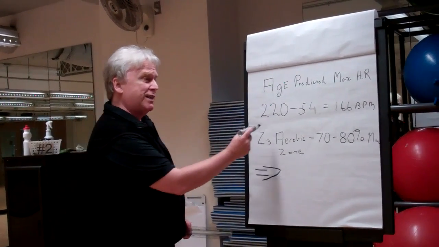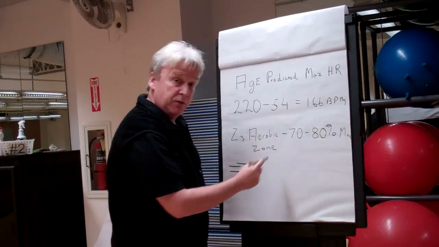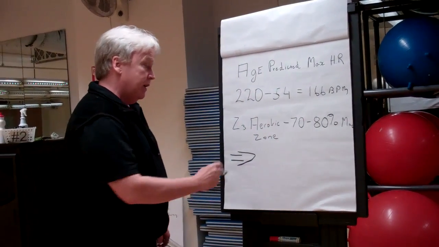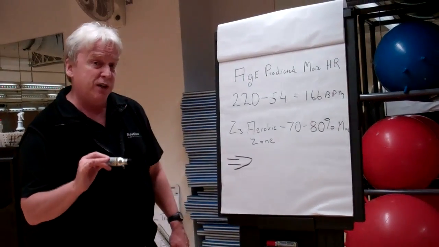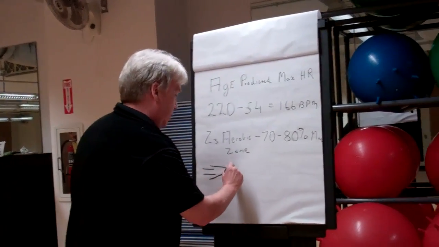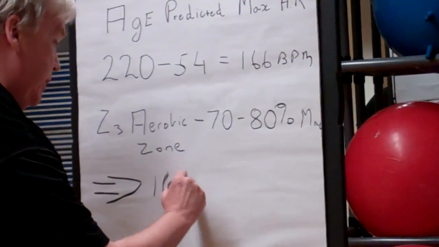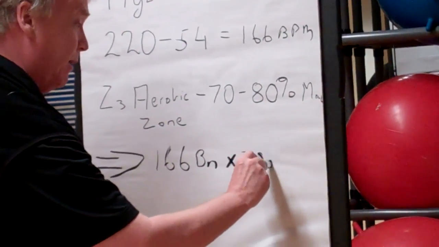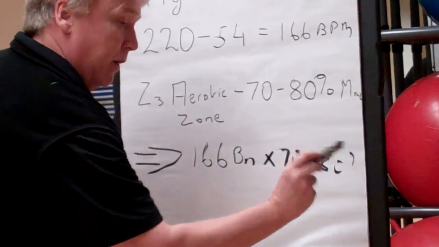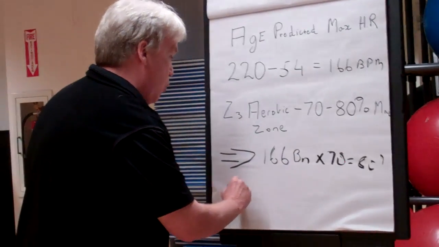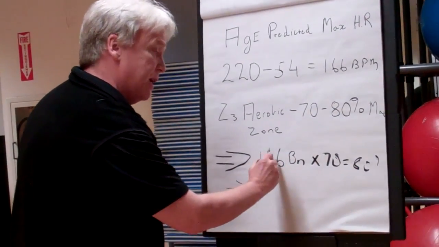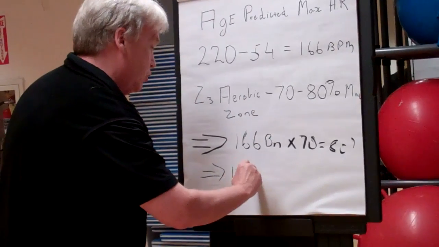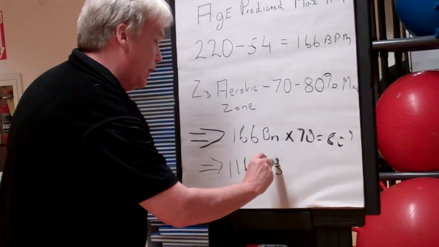So using the age predicted formula, 220 minus 54, 166, your aerobic zone, which is 70 to 80% of your maximum, which is 166 beats times 70 to 80%, my range would be 116 to 133.